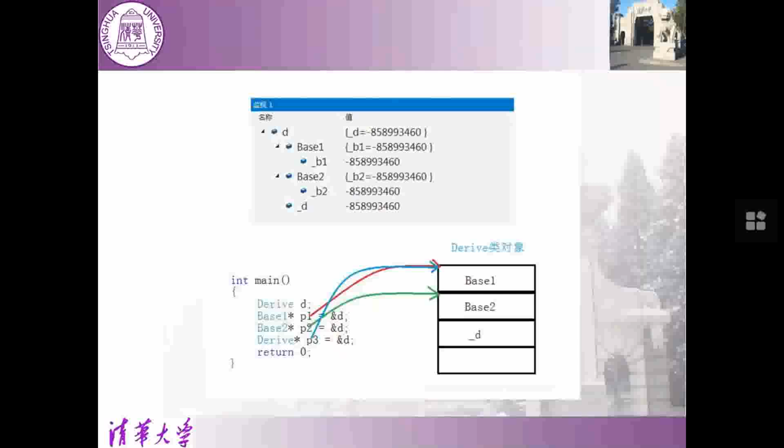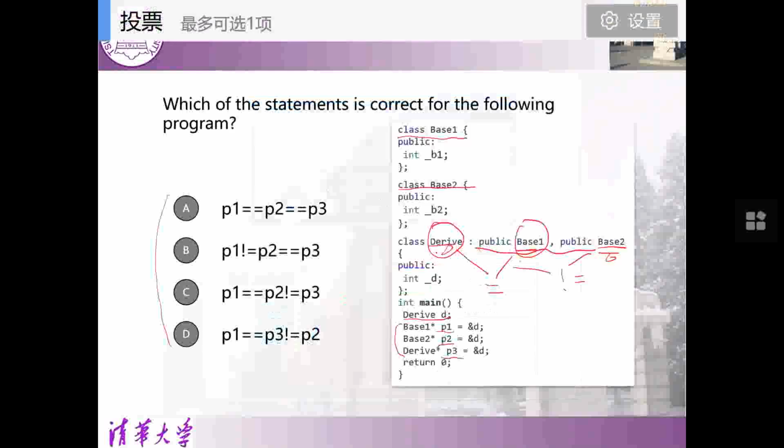We did not learn this in the last class, but I still want you to know about this, okay? So this is the derived object. Then if we try to get the base pointer of different parents, this is the order, it takes this order.